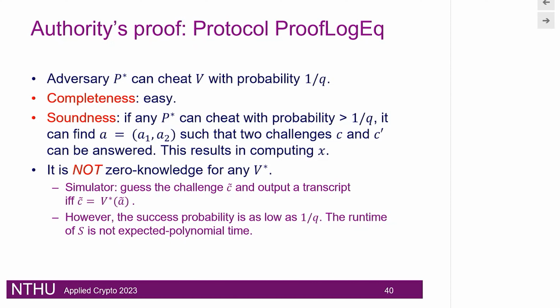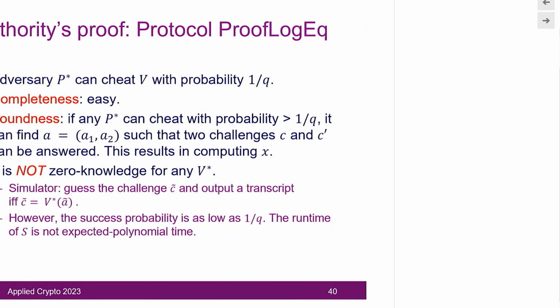So we say that the adversary or dishonest prover can cheat with a probability of 1 over q. That is the only chance, and it is very low. This is the soundness, as opposed to the completeness we discussed.